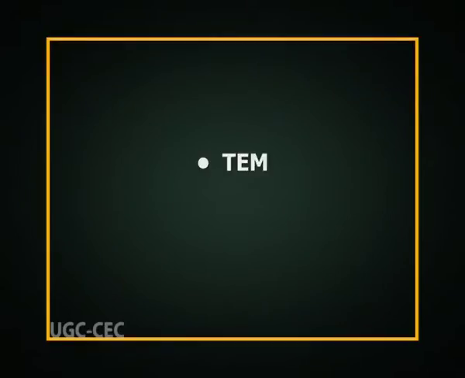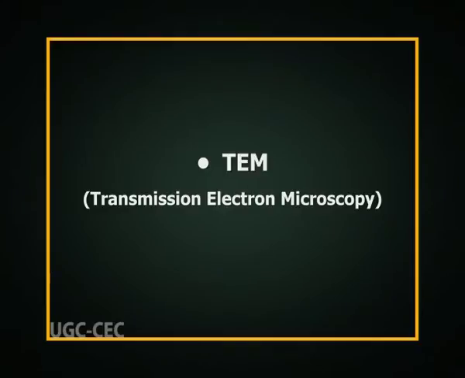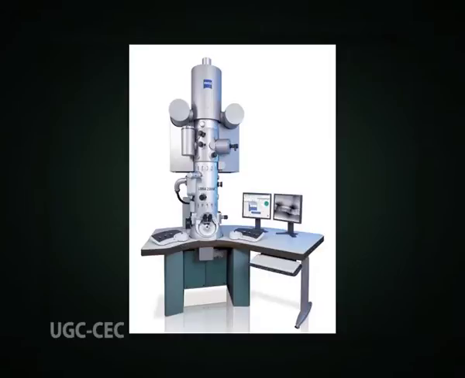Friends, another microscopic technique is TEM, that is transmission electron microscopy. Transmission electron microscopy is an electron optical instrument that is analogous to light microscopes. However, the specimen is illuminated by an electron beam, as gas molecules would deflect the electrons. This requires operation in a vacuum.